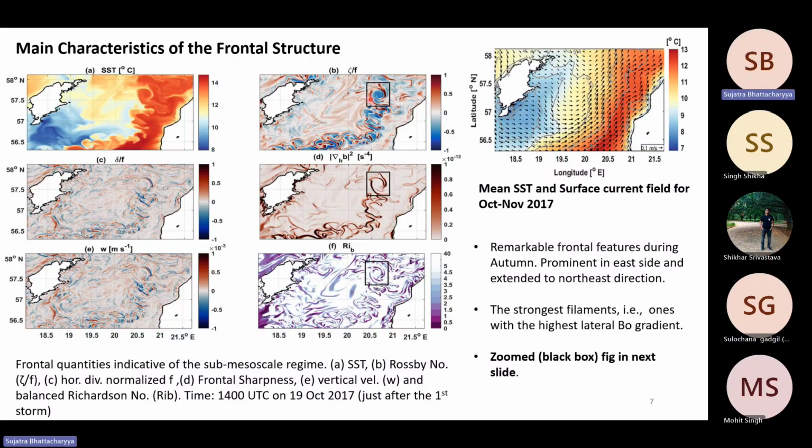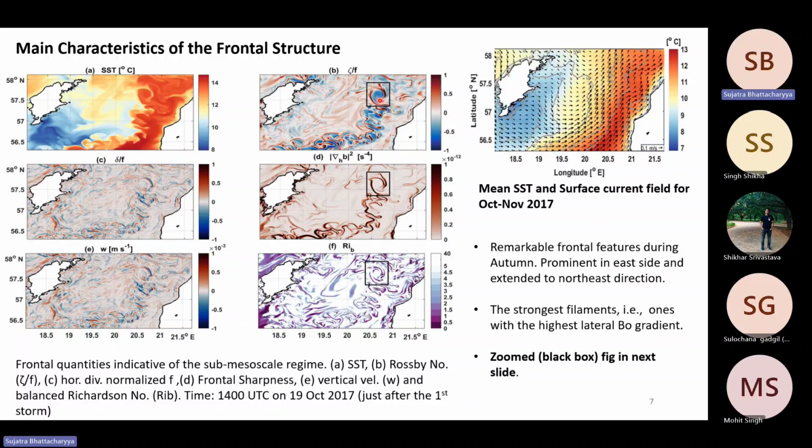Yeah, so this red color means positive Rossby number, which means cyclonic vorticity. Negative means negative vorticity. So you can consider along this red line, or elongated red curve, whatever you say, there is upwelling.